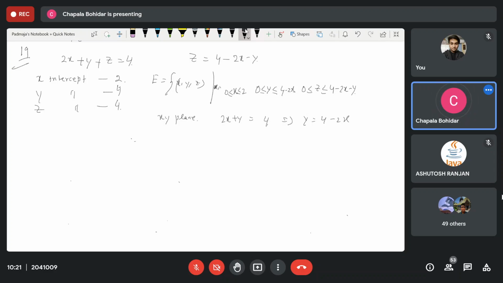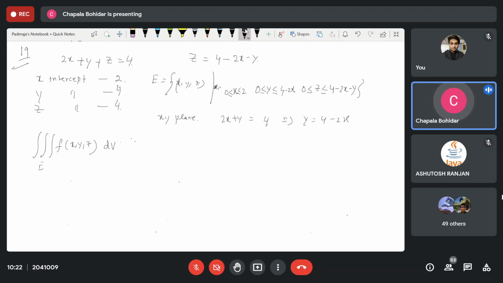So we write down our region E in this way. Then we integrate the triple integral over E of the function of x, y, z dV.